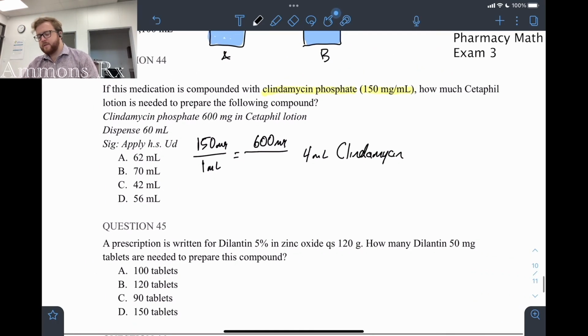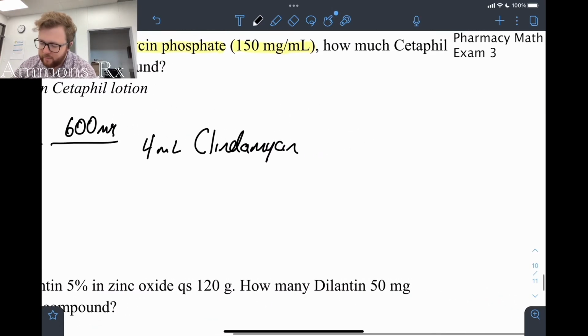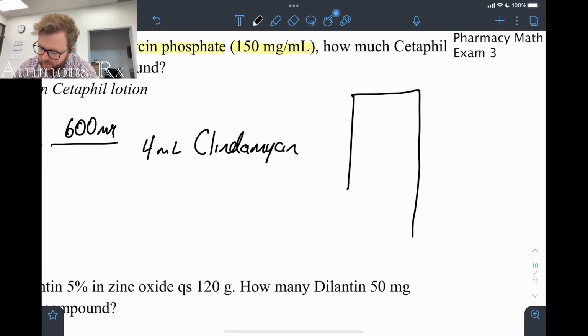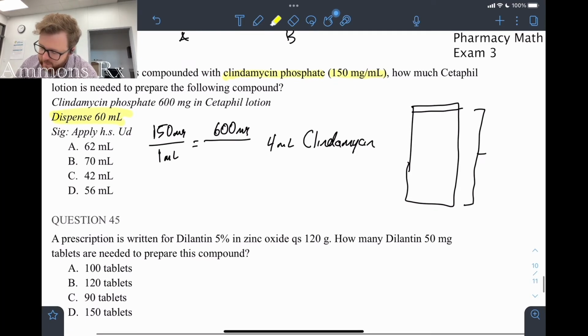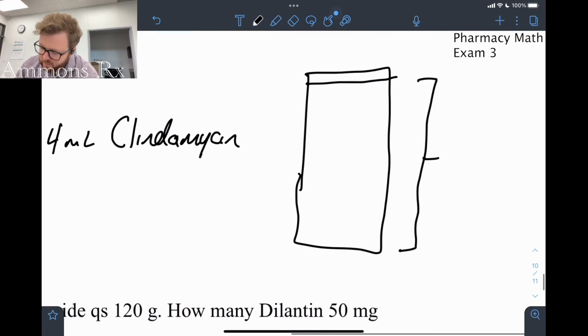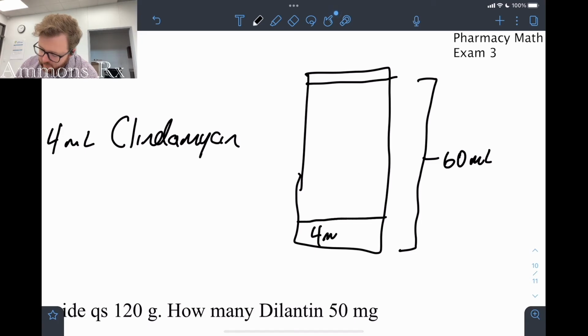So what that means is in our ointment or lotion, this entire thing is going to be 60 mils. But 4 mils came from that.